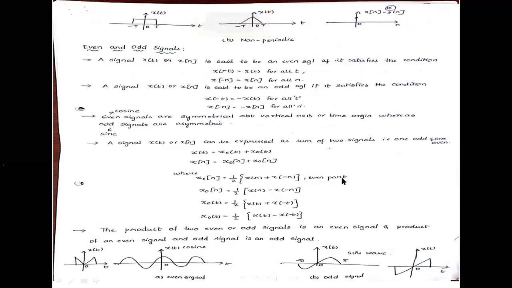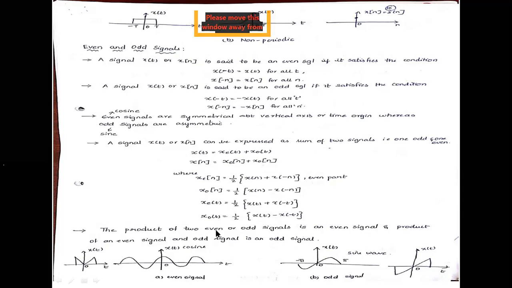Okay. The product of even signals and odd signals. The even function is represented by a cosine function, and here the odd function is a sine function. Okay, the sine wave, the full cycle, and this is the cosine wave.